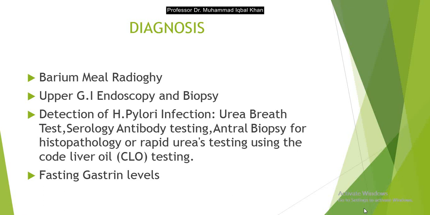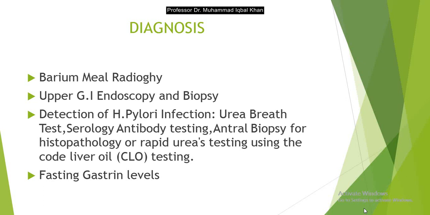The commonest test which we are doing nowadays is the serological antibody testing. By that we can detect serological antibodies against H. pylori, and if we find those IgM antibodies in a patient, we can label that patient as an infected case of H. pylori, and those patients need eradication therapy.